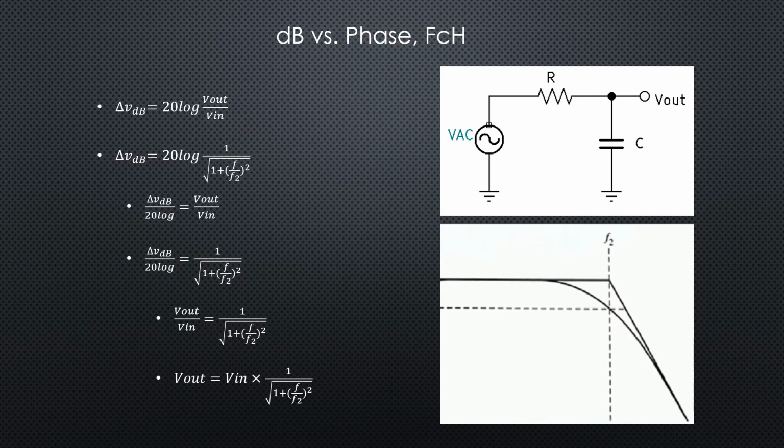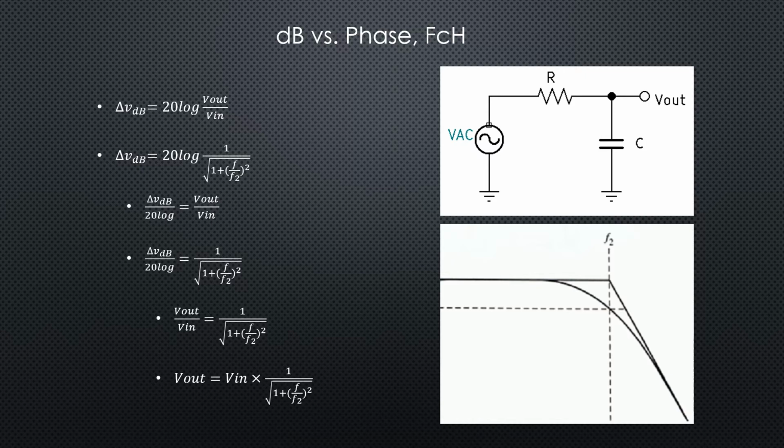Well, if those two are equal to delta VdB divided by 20 log, then I can now, I call this step in algebra super substitution. If they're both equal, then I can also make the outer parts equal, if that makes sense. And that's what that next step is.